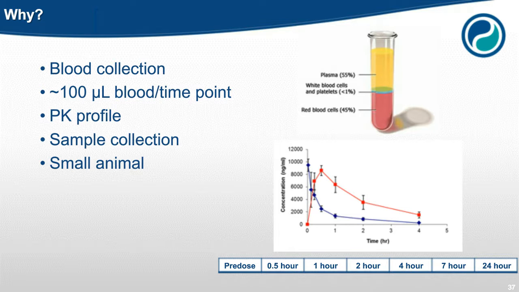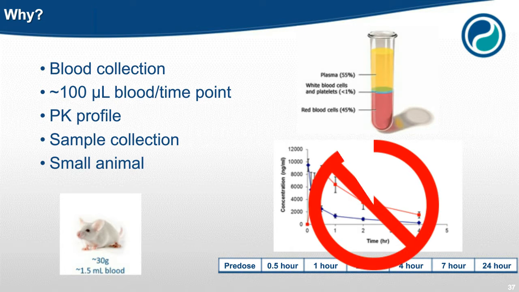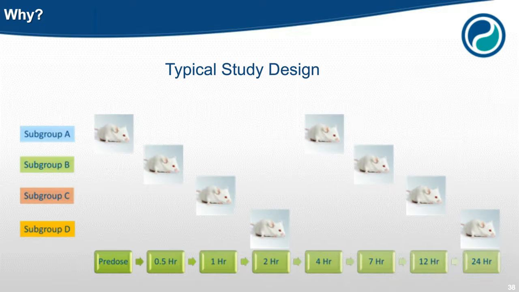For example, a mouse that weighs about 30 grams has a total blood volume of only 1.2 to 1.5 milliliters. It will be very hard to collect enough volume from a single animal. So this approach is difficult, and to achieve that, a typical study design for a tox study is to have satellite groups or subgroups in each dosing level.